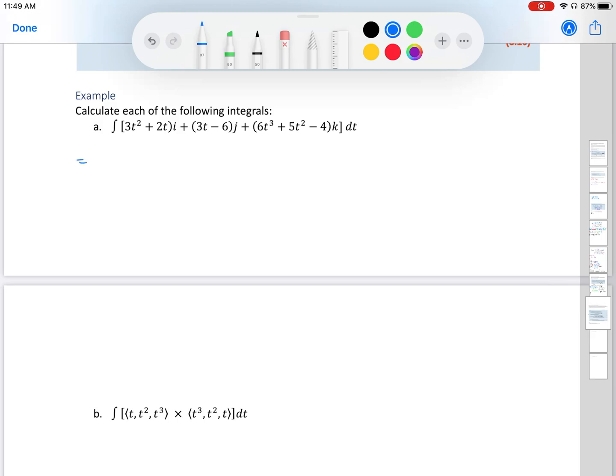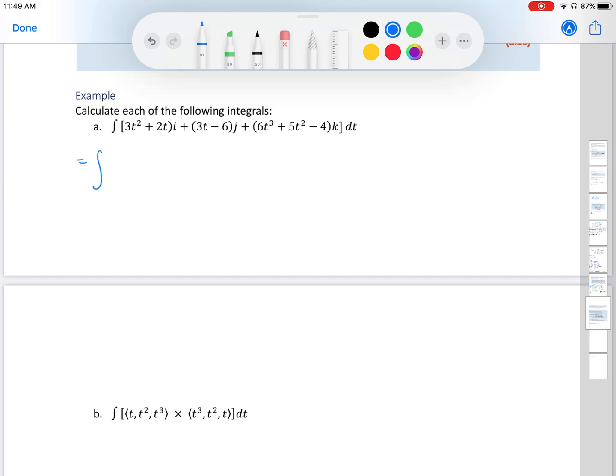For A, we have the integral of (3t squared plus 2t) i plus (3t minus 6) j plus (6t cubed plus 5t squared minus 4) k dt. All right, so I can apply the antiderivative to each of the components.